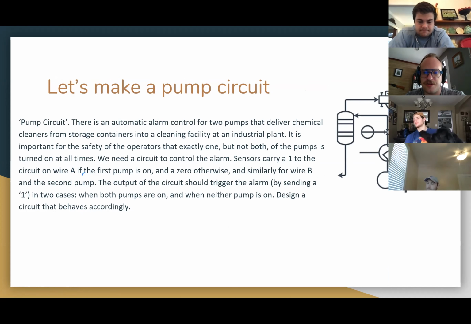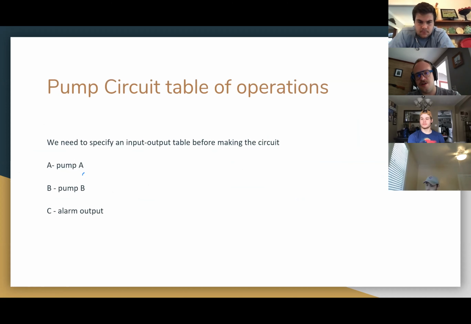The output of the circuit should trigger the alarm in 2 cases, when both pumps are on and when neither pump is on. So the alarm output, which is C, should be true, triggering the alarm, when both pumps are on and when neither pump is on, right?